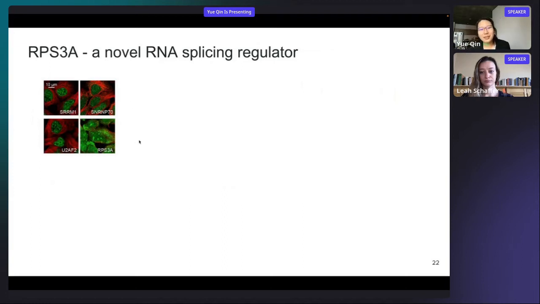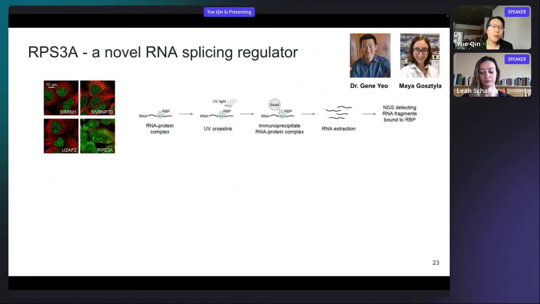This makes us wonder whether this protein has a role other than as a ribosomal assembly protein. To test this protein as a potential RNA splicing regulator, we collaborated with our colleague here at UCSD, Dr. Gene Yeo's group, and performed an eCLIP assay, enhanced UV cross-linking immunoprecipitation.